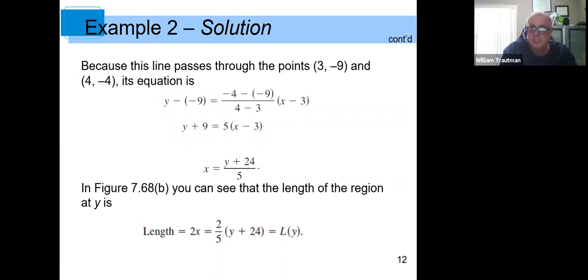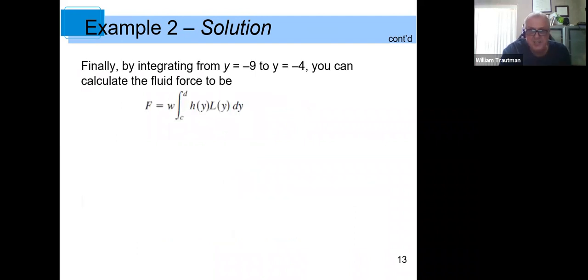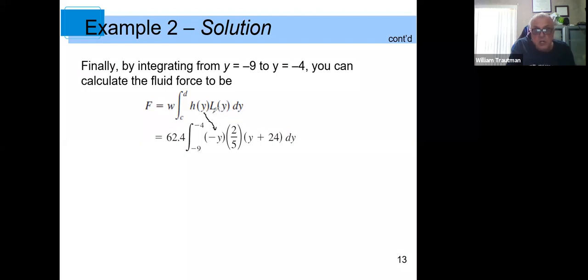There's a lot going on here. So now we do know the h is the negative y. And here's our Ly, where we multiply the x by 2. So in reality, this is 2x right here. And then if you go back to the picture, we're integrating from -9 to -4.